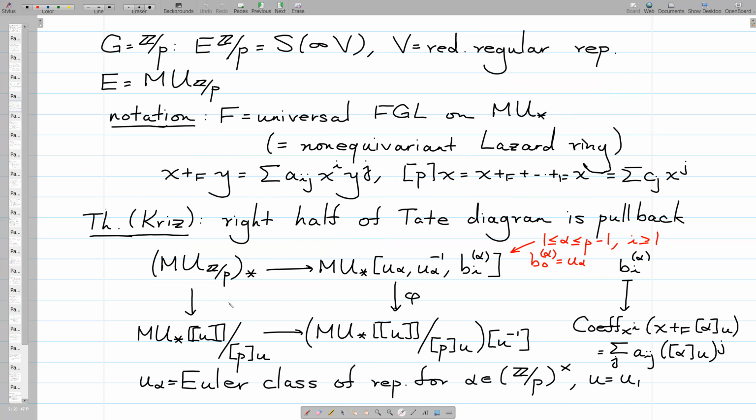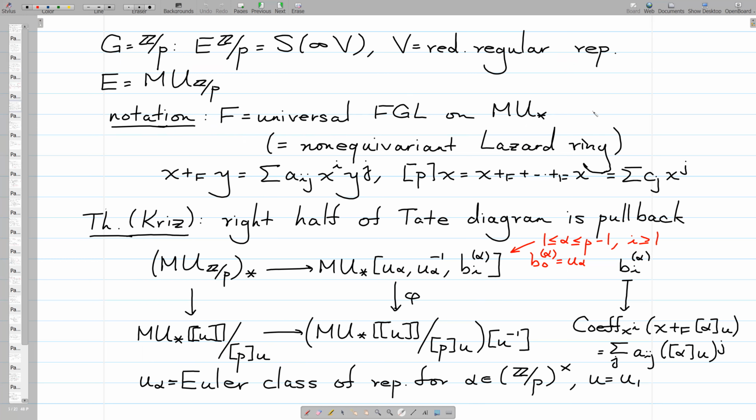So that's the Borel cohomology, and it is going to be mu star with adjoined a power series variable U divided by the p-series in U. By p-series, I mean via the universal formal group law.